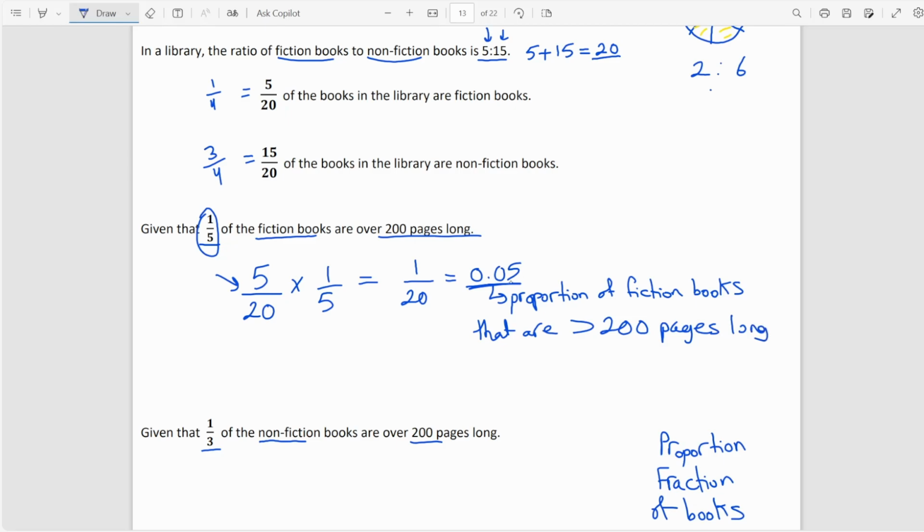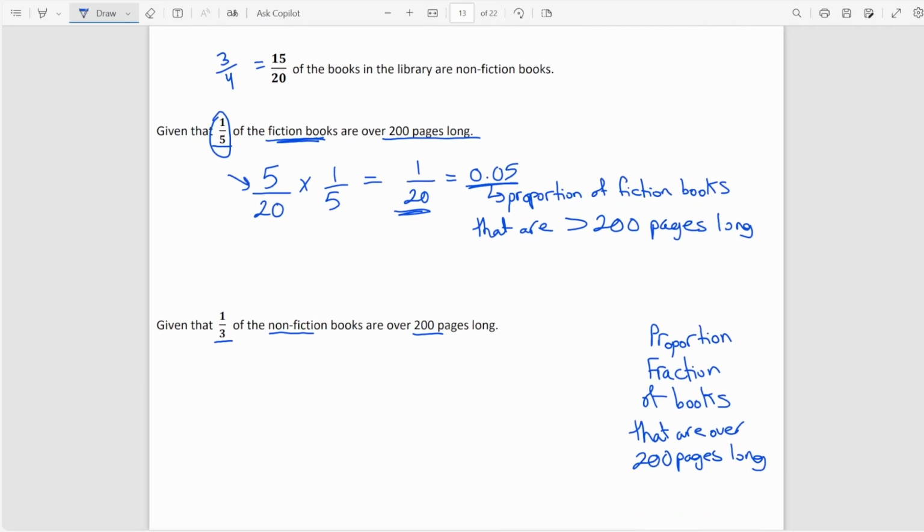And this proportion is of the entire collection of books, okay? This right here, the 1 over 5, it is not 1 over 5 of the entire collection of books. It's only 1 over 5 of the fiction books. 1 over 20 is the fraction of the entire collection of books, okay?